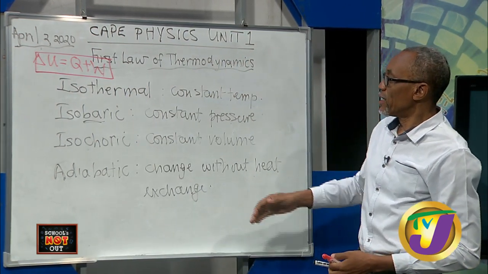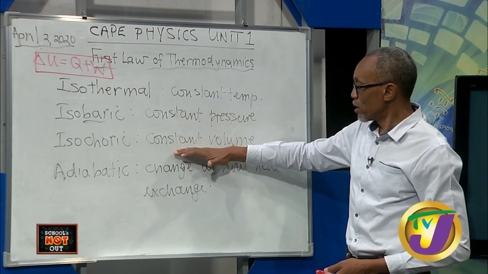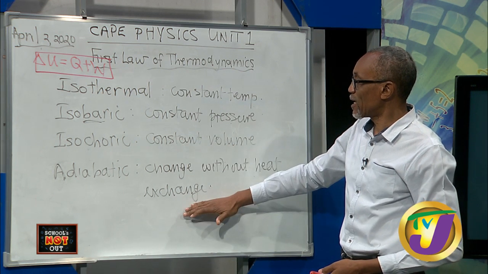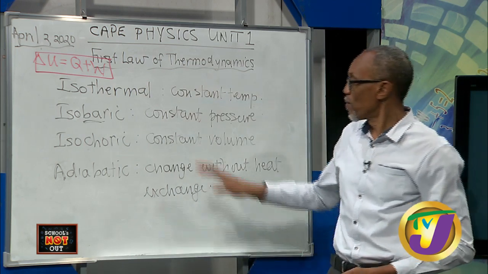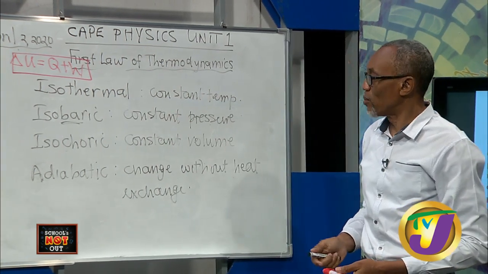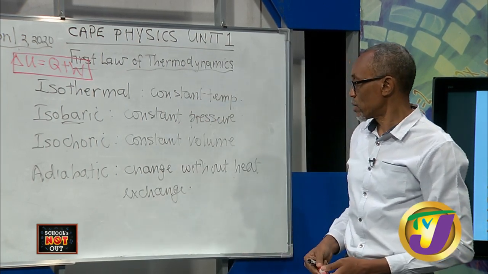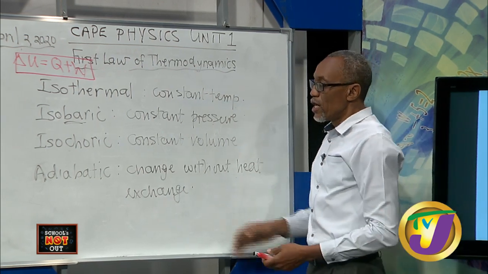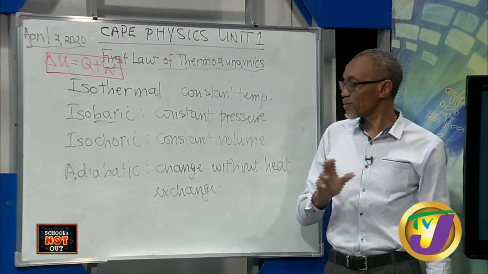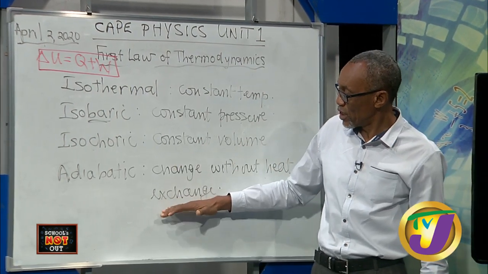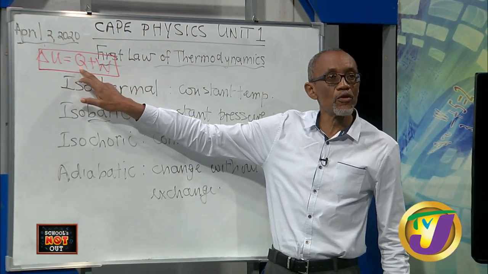Now, let's look at a constant volume, adiabatic, and an isothermal change, and then we can look at isobaric. But let's look at an adiabatic change. If there is no heat exchange between the system and the surroundings, then in this equation Q would be 0.